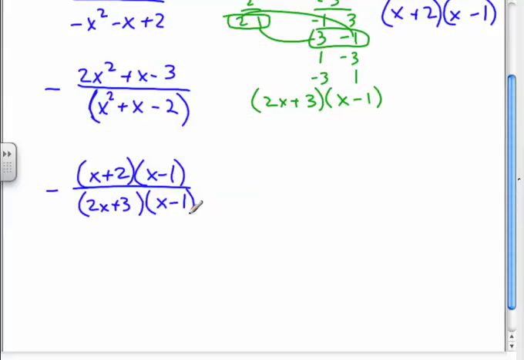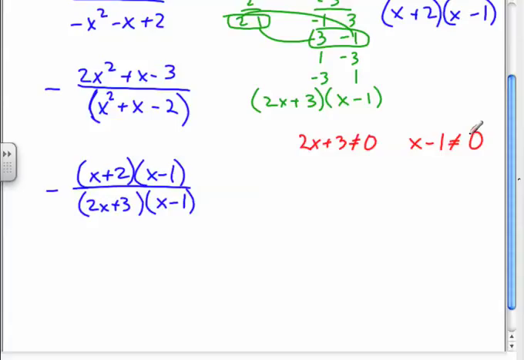Now, guys, before we cancel, I don't want to lose one of my restrictions. So I'm going to look at the denominator and say that 2x plus 3 cannot equal 0, and x minus 1 cannot equal 0. Because I've got two things on the bottom, and neither of them can equal 0, or the whole thing will equal 0. Right, James P? Good.